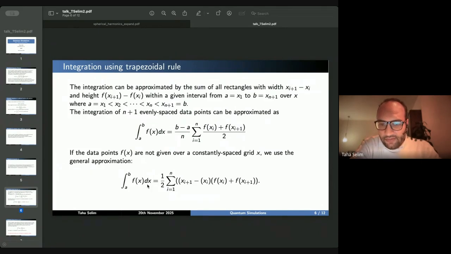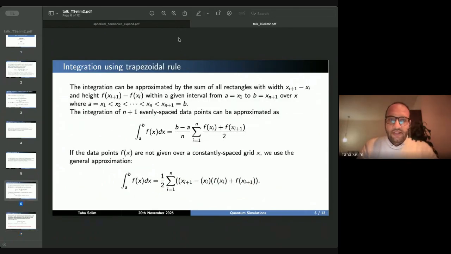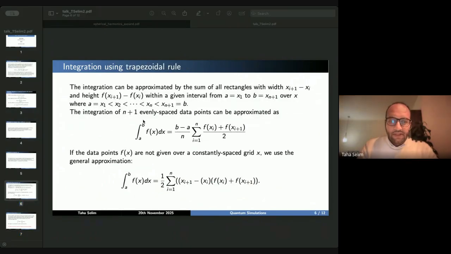It's a very straightforward formula. You evaluate the function at x_i, and then at x_i plus 1, you divide by 2, and then you multiply by the step. And then if you sum all of that, you get an approximation of your integral. Okay, so I can make a quick demonstration.